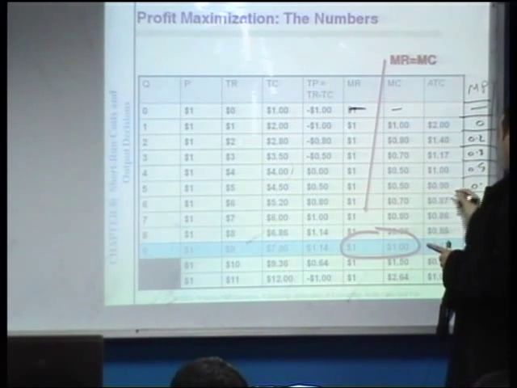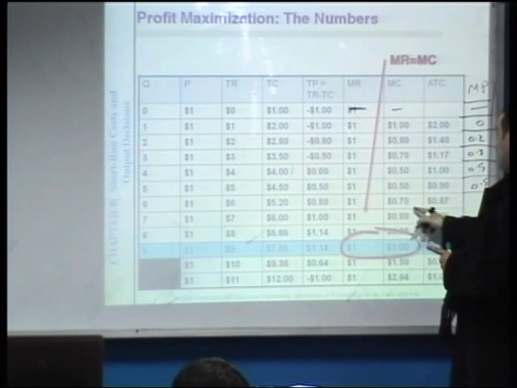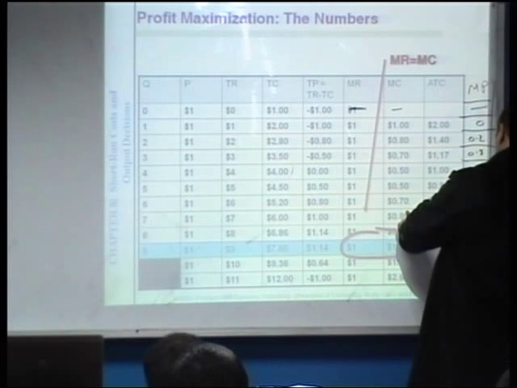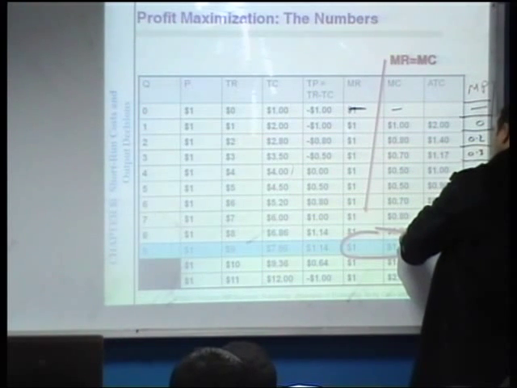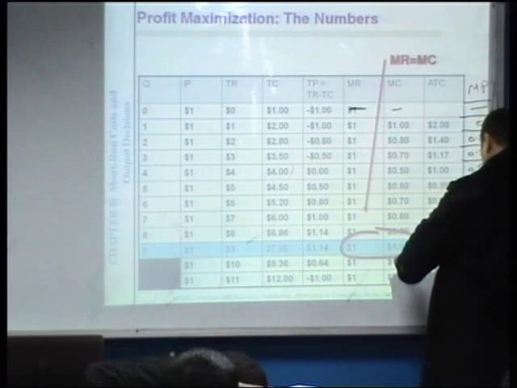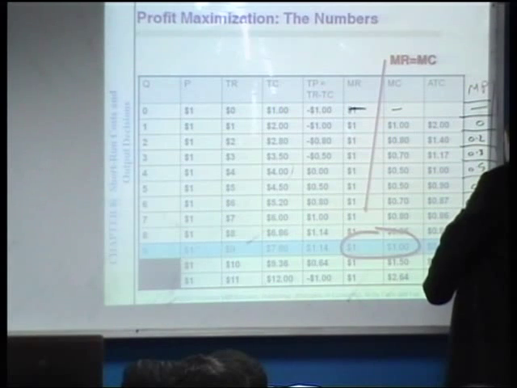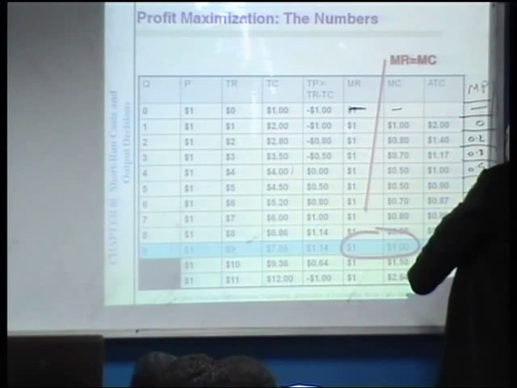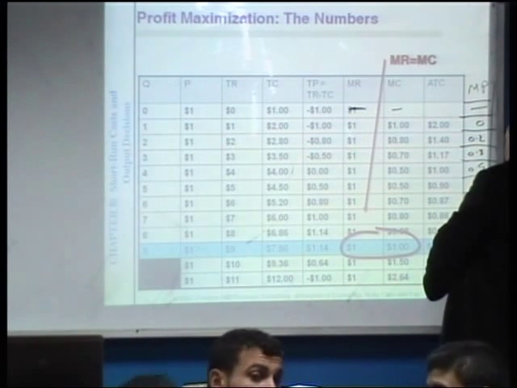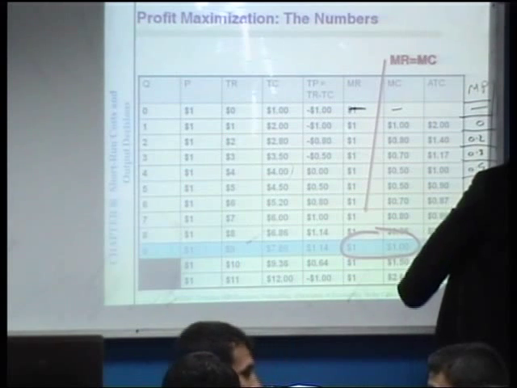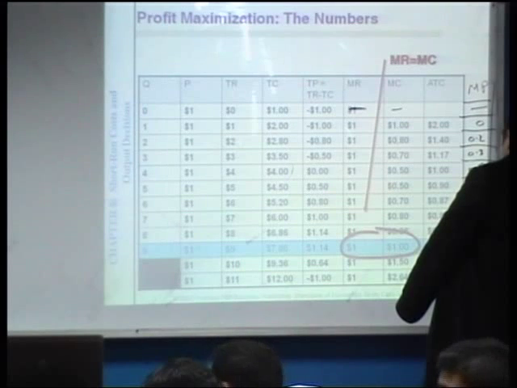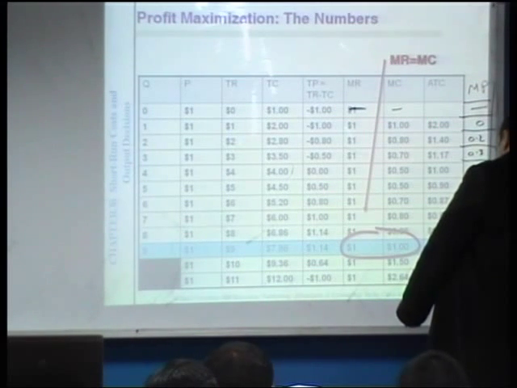Then 0.3 and 2, then 0. Then after it, 0, and then after that, minus 0.5, and minus 1.64.